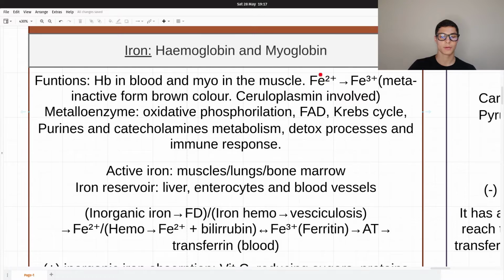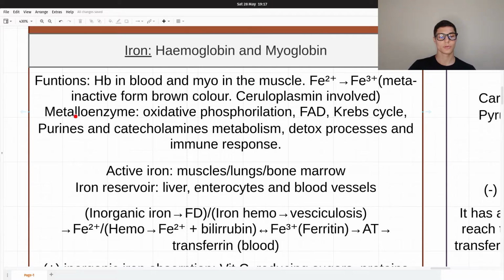We have the iron as the heme group in both of them, and the active form, which transports the oxygen, is the 2 form. The free form is the met form, which is inactive, and it forms the brown color of the meat when it's left in the fridge for days. And the ceruloplasmin is involved in this process.